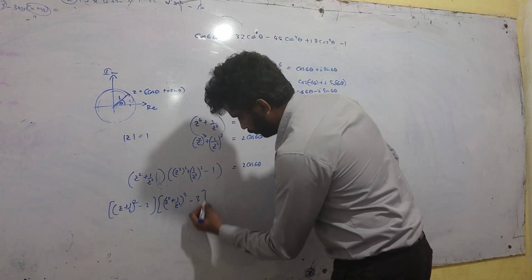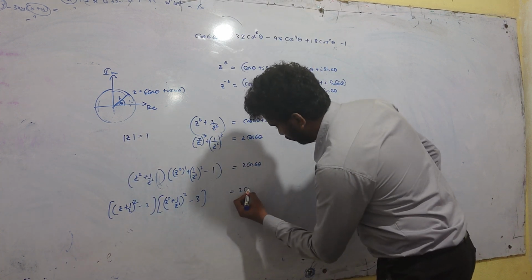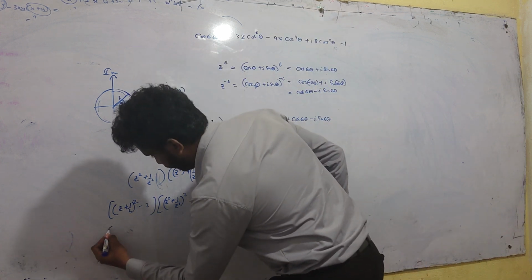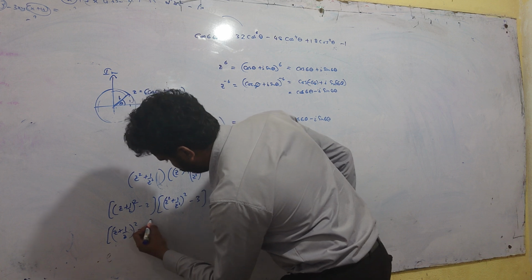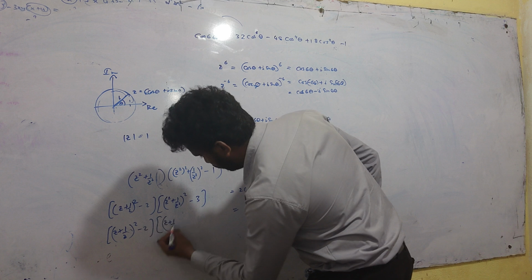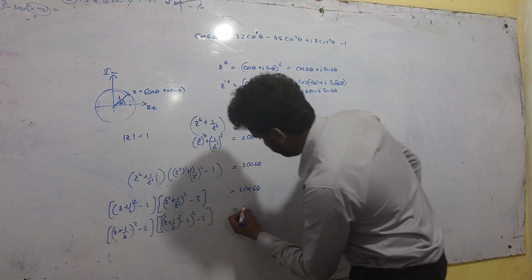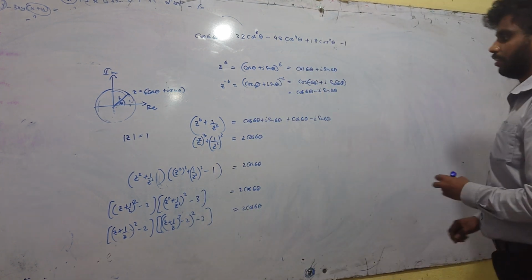Minus 1, that is minus 3. We have applied this once again. 2 cosine 6 theta is z plus 1 over z squared minus 2. Okay, this is z plus 1 over z to the power 2 minus 2 squared minus 3 equals 2 cosine 6 theta, right?